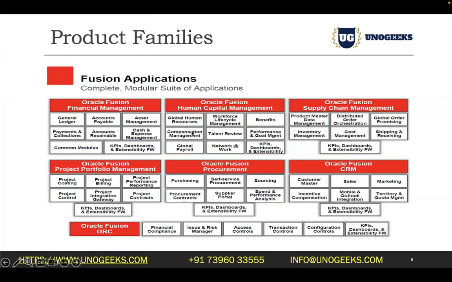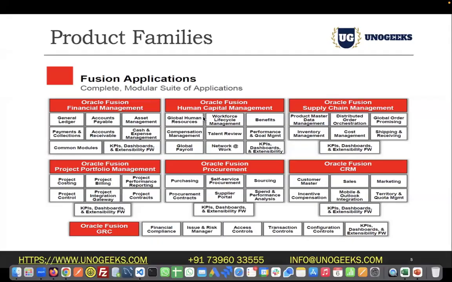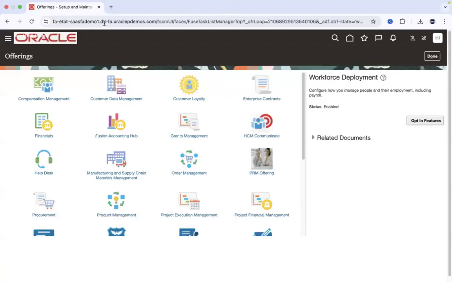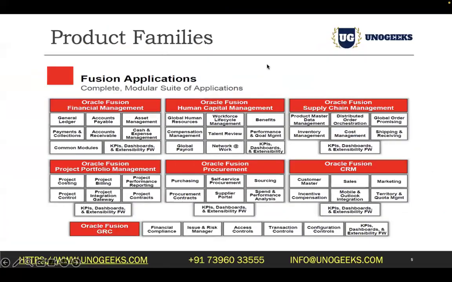There are technical components that would come into picture. Okay. So that's a first point. So you have Fusion Cloud application where you have different offerings, and within each offering you have modules. No client implements all the product families, and no client implements all the modules within the product family. So every client will pick and choose what modules they want to implement and in what offering.